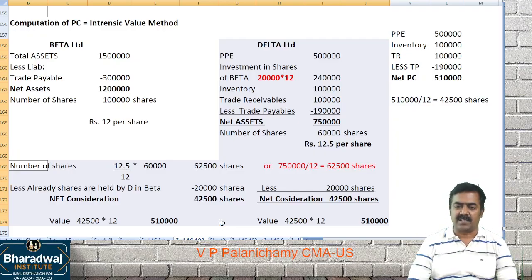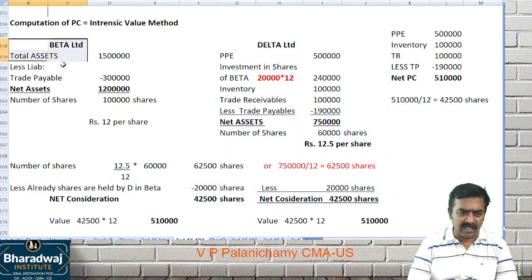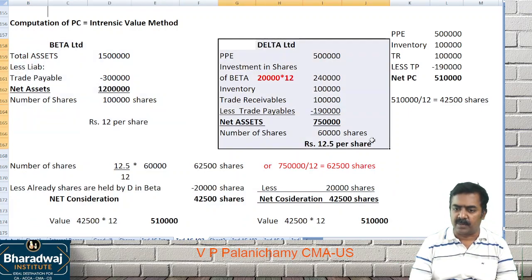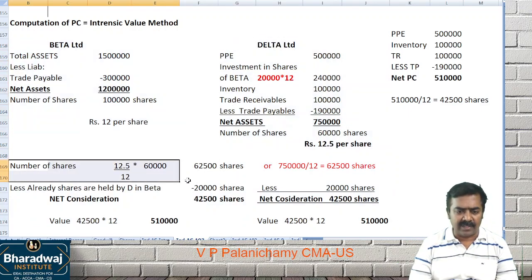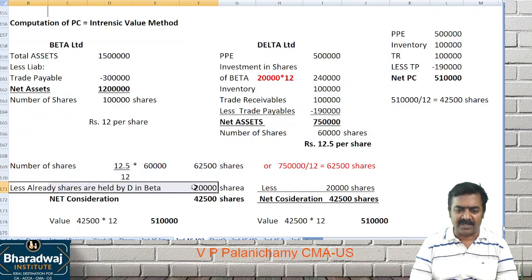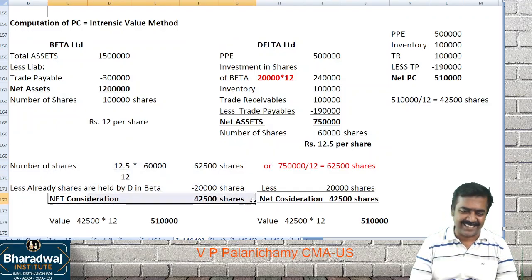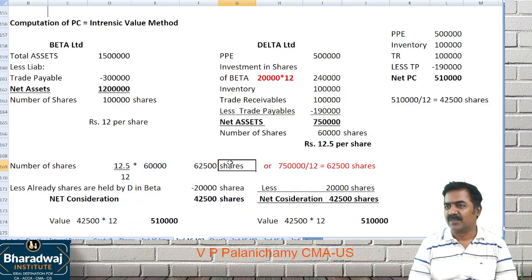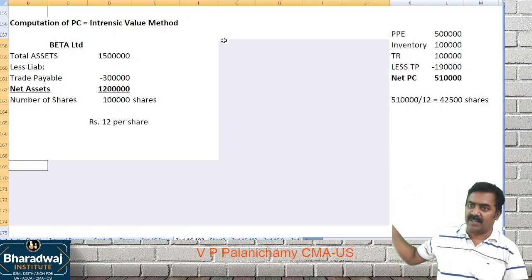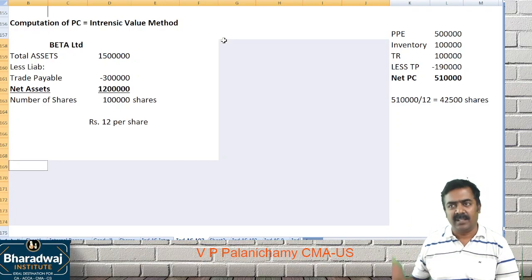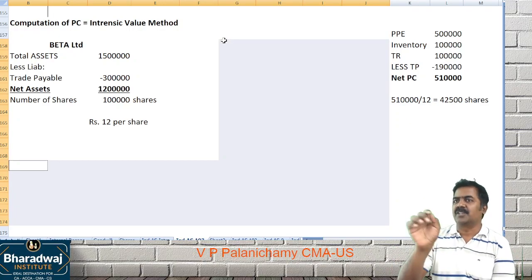But what is given as the suggested answer is they worked out the value of Beta, then Delta. Then they calculated the number of shares minus the number of shares already held, the net consideration. That into 12 gives 5,10,000. So what I request is, I request you to take up this answer. This is a shortcut way of solving. If accepted, accept it. They asked you to work out the consideration.